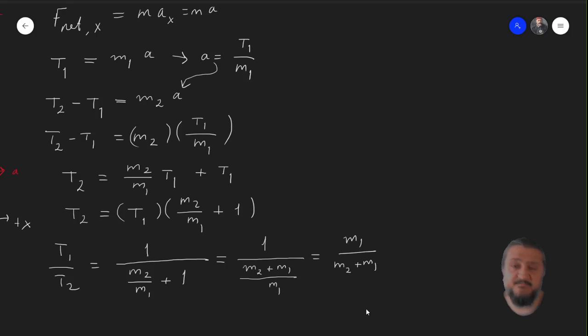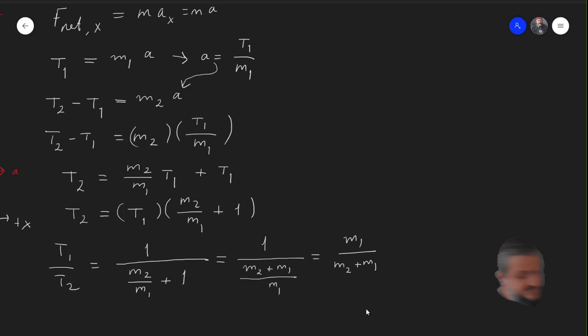Okay, doesn't matter, but that's pretty much the ratio of the tensions, and this was 93. An odd numbered problem, so we can check the answer. Chapter 3, problem 93. M1 over M1 plus M2. Okay.